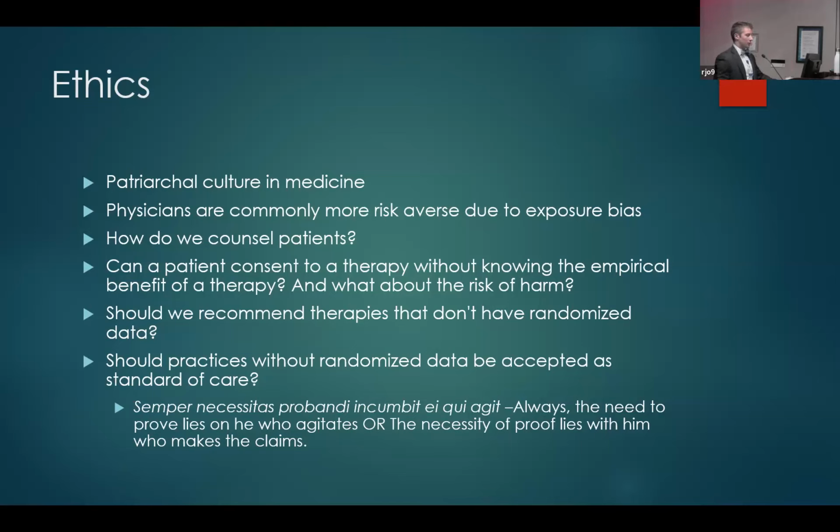But we should understand the risk of harm because nothing is benign in what we do in biomedicine, just like the Sampras trial where they thought, oh, we're actually doing good, but they ended up doing harm. Should we even recommend therapies that don't have randomized data? I think it's tough.